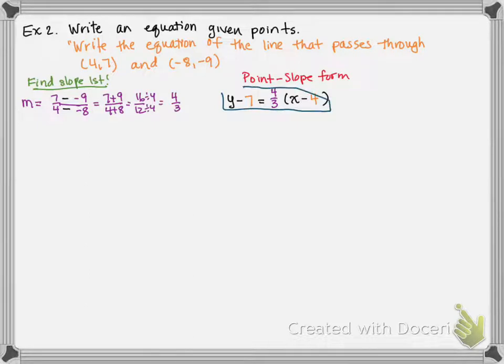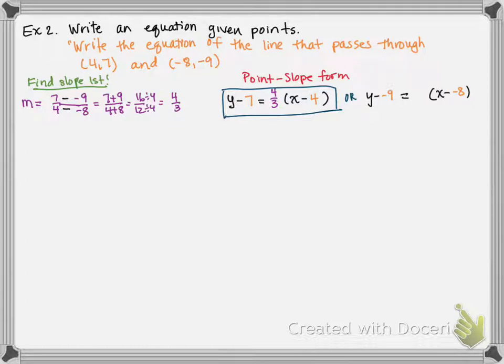Now, let's see. Ooh, that's terrible. Sorry about that. But I could do it with the other ordered pair. So I'm going to get my frame in, and I'll put in those coordinates. And we have -9 and -8. So notice we've got a little bit of a problem here.